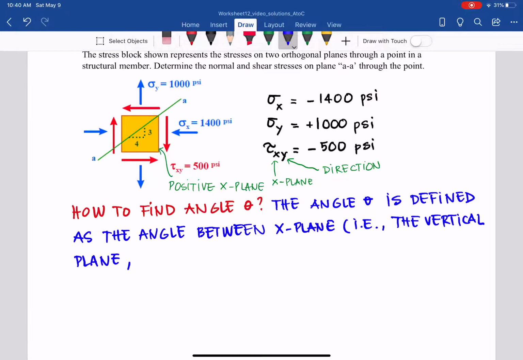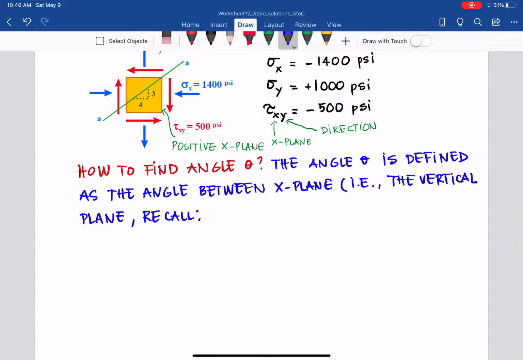If you recall, the plane is defined by the axis perpendicular to it.